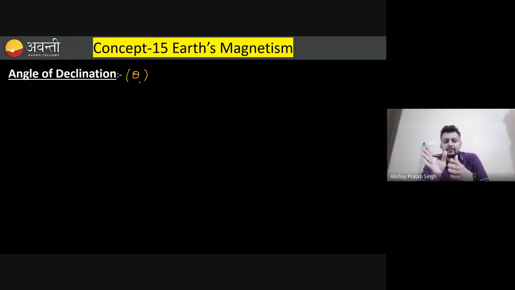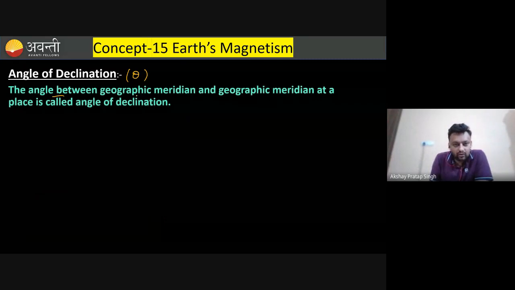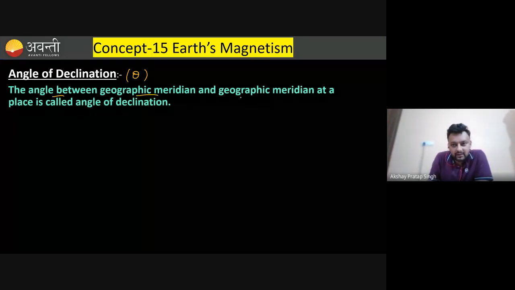And magnetic meridian, I have discussed already in the previous class. The angle between geographical meridian and magnetic meridian at a place. Note down the words, at a place, is called angle of declination.